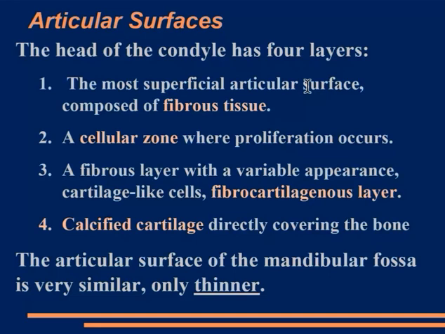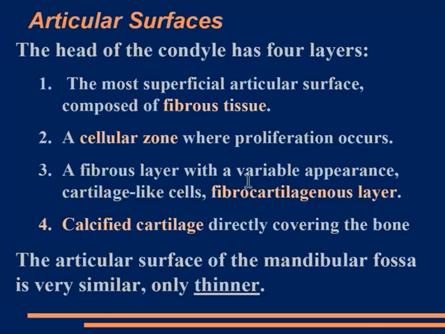The second layer beneath it is the cellular zone, which is beneath the articular surface. It is a more cell-rich zone, where proliferation occurs and provides a source of cells to the adjacent upper and lower layers, replenishing them.